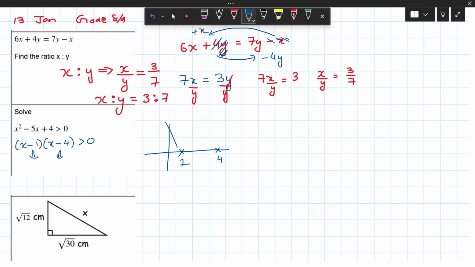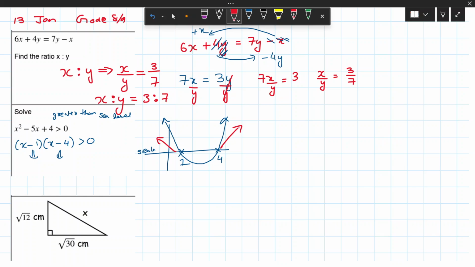Now the diagram, we know it is a positive quadratic, so it goes up. Now when you read this, I want you to think, how do you read this inequality? X squared minus 5x plus 4, we would read this as greater than. So just add the word greater than sea level. So think of your x-axis as your sea level. So you want it to be greater than sea level, which means you're going this way and you're going that way.